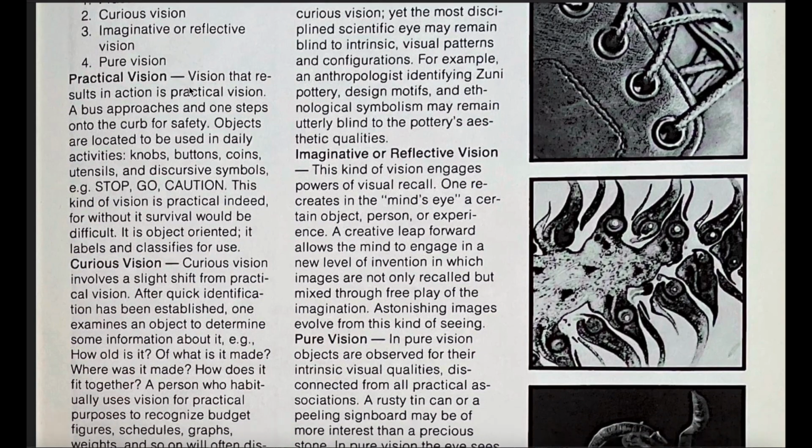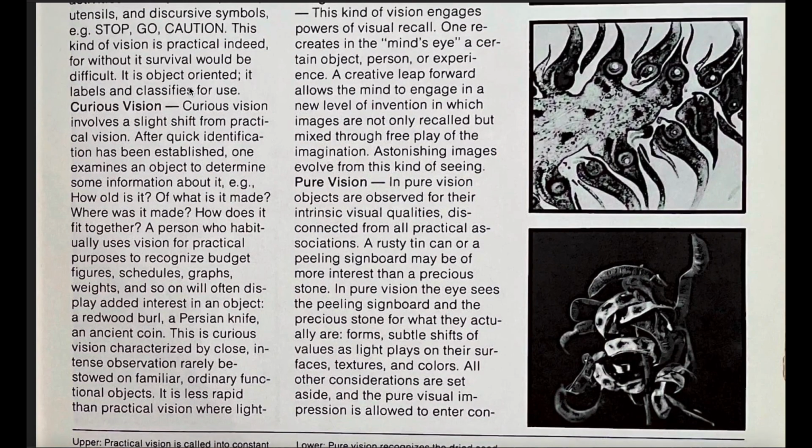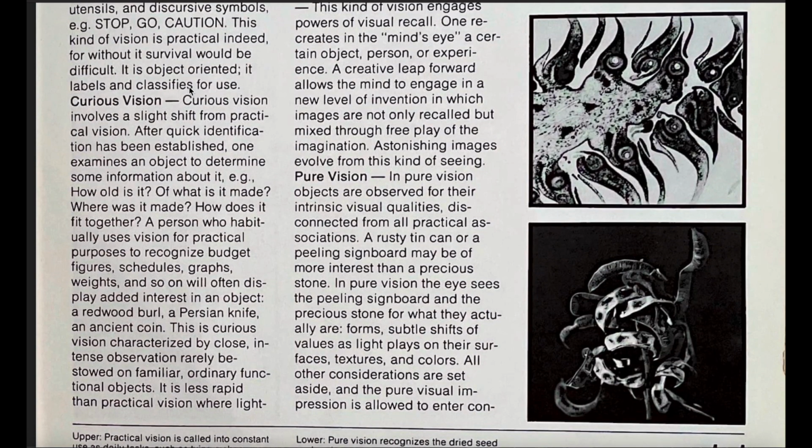Then from practical vision, we have curious vision. Curious vision shifts from practical vision slightly. After looking at an object, it is the why. It is the how was it made. A lot of scientific observation is curious vision.